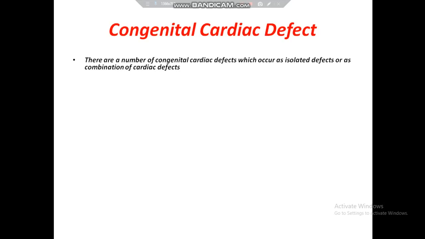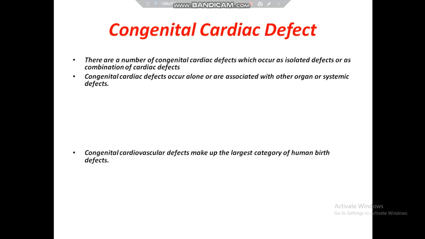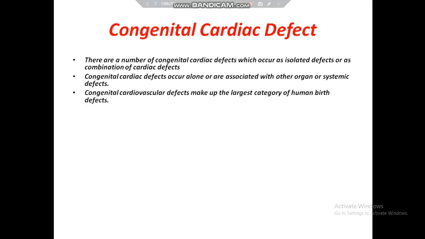For example, sometimes there can be only a ventricular septal defect, but this ventricular septal defect can be associated with other cardiac defects as well. Congenital cardiac defects occur alone or are associated with other organ systemic defects. Congenital cardiovascular defects make up the largest category of human birth defects.